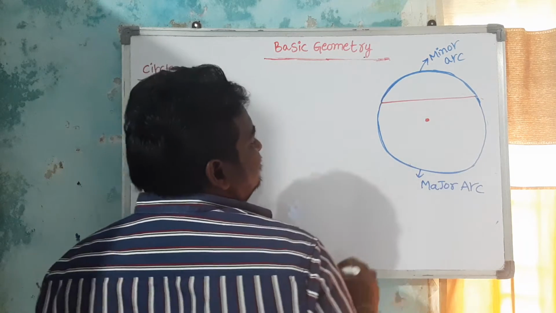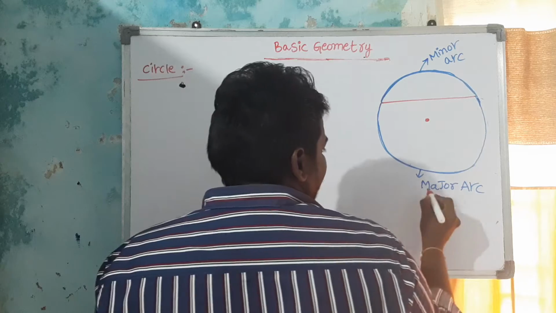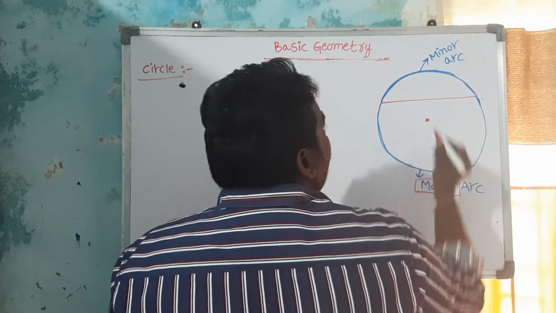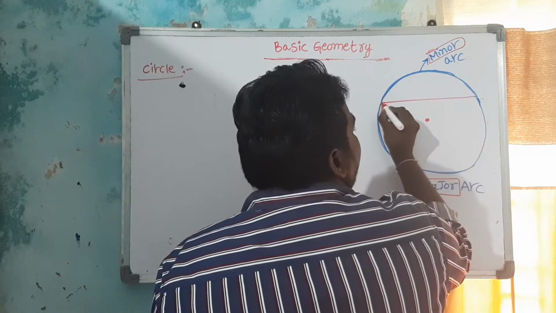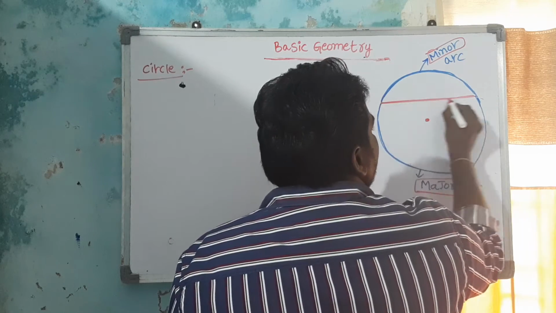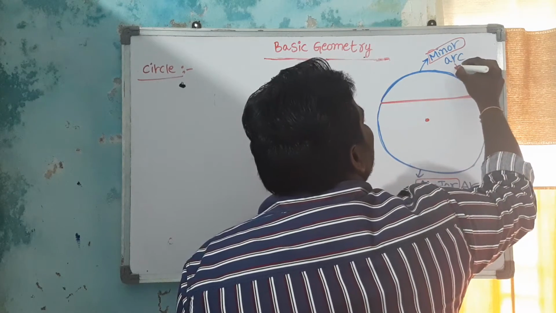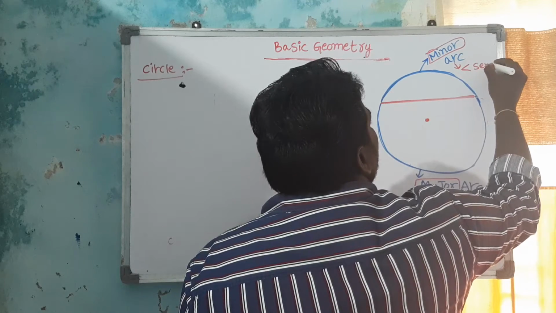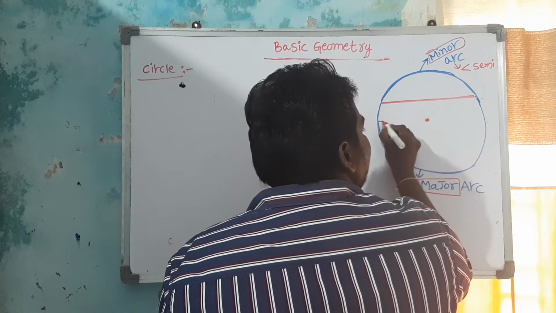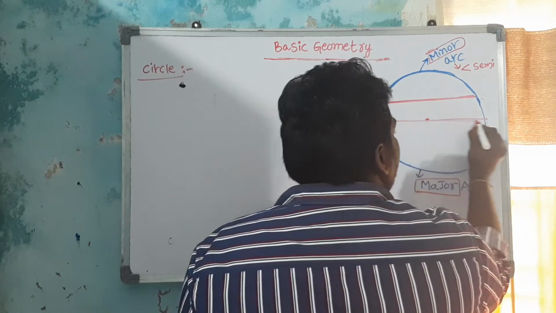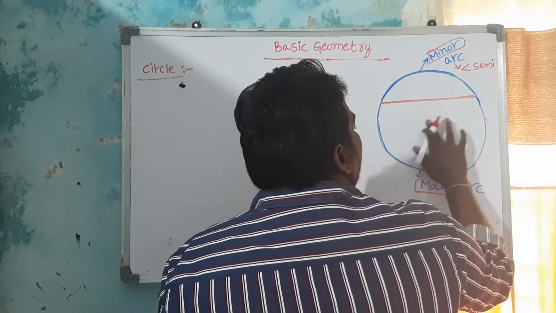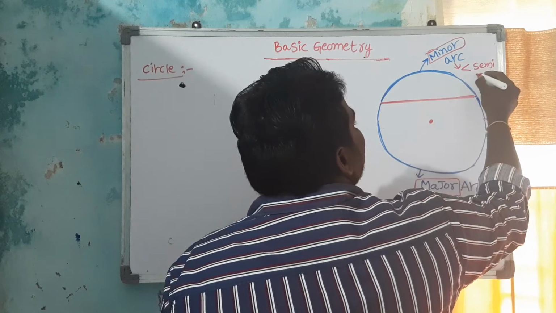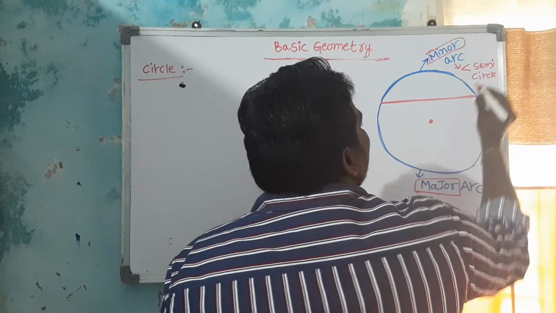I can say it like this also. Semicircle means half of the circle. If you have a part less than the semicircle, that is called a minor arc.